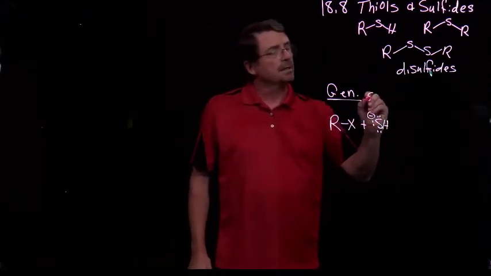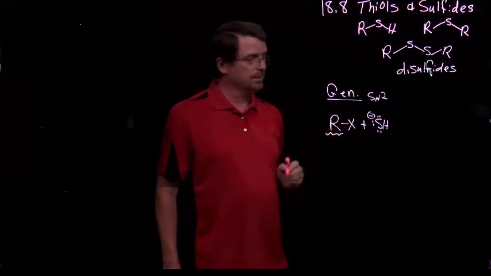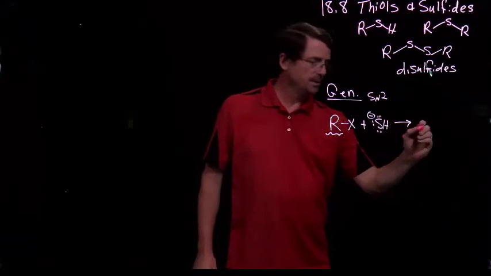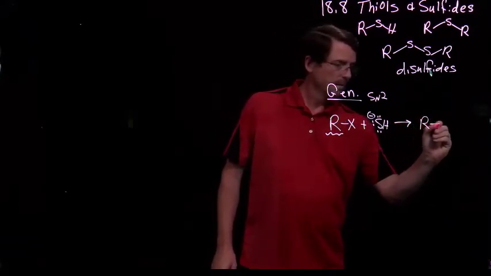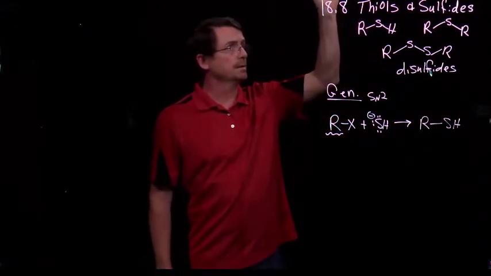This is a classic SN2 reaction, so it has all the limitations in R groups that SN2 reactions have. It does a simple displacement reaction to produce the thiol product in this reaction.